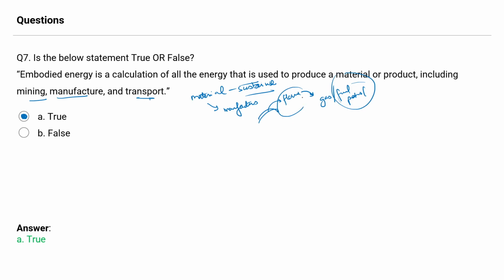So these factors help us understand, and this gives a tangible value by which we can say whether the embodied energy is higher or lower, and make a certain claim whether it's sustainable or not.